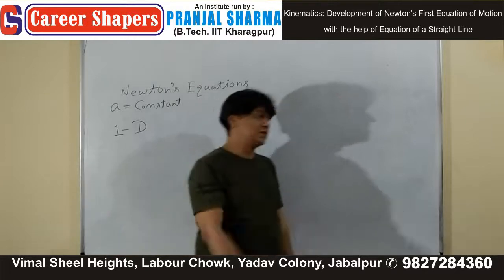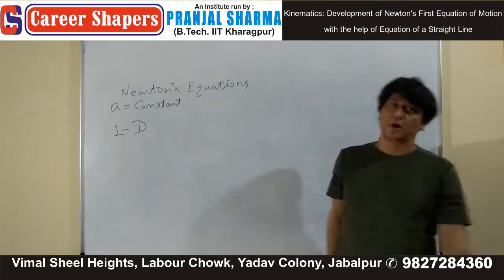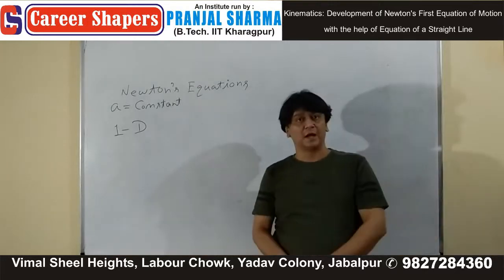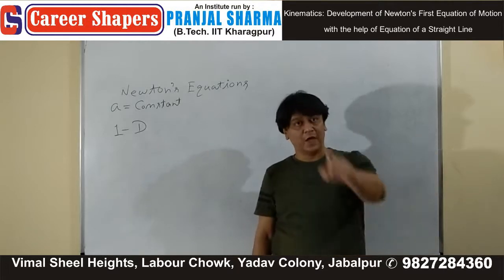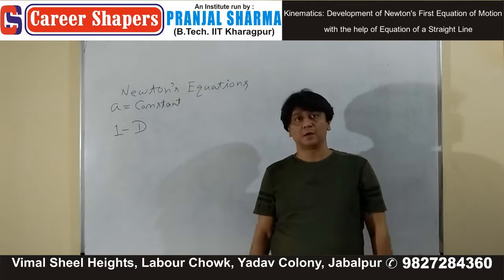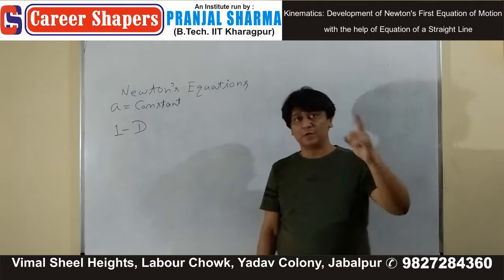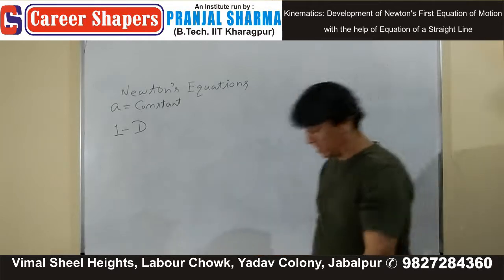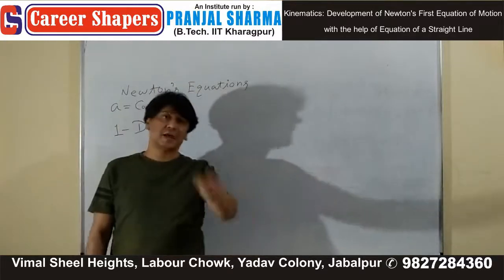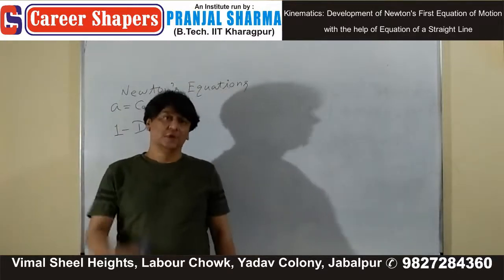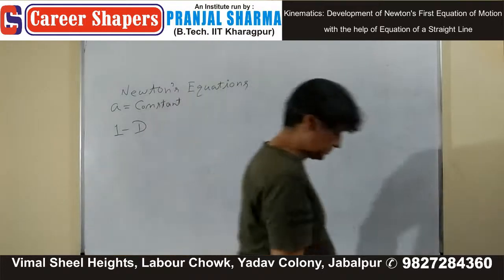Some of you answered correctly. If you draw a graph between velocity and time, its area under the curve gives you displacement. But I have asked you slope of tangent, and that was differentiation, that is acceleration. Write down this.